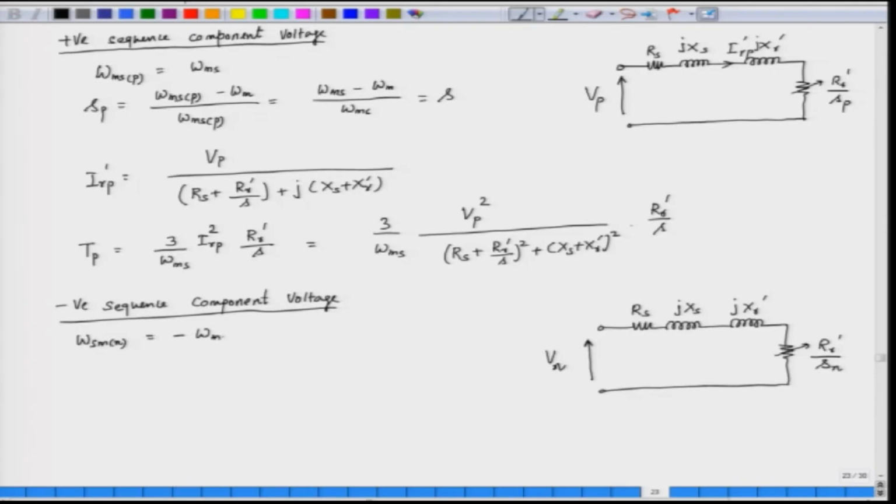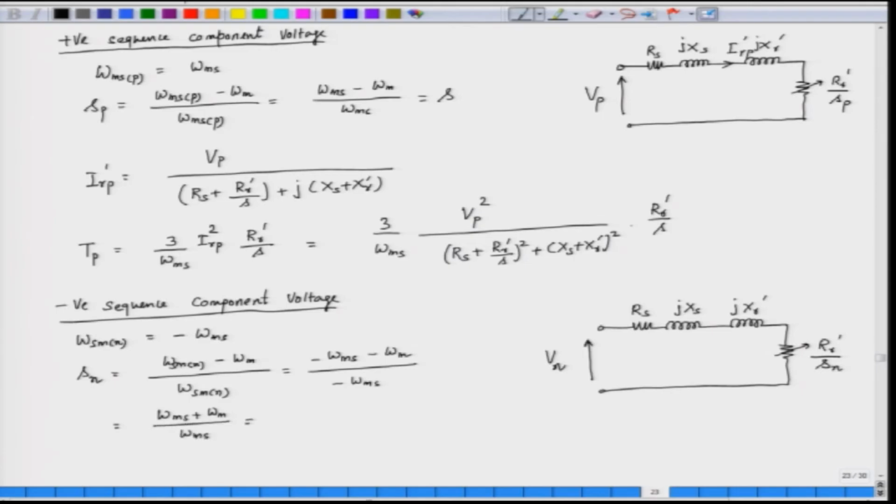So, the synchronous speed here is minus omega ms. If we find out the slip for the negative sequence component, that is the negative sequence synchronous speed, omega sm n minus omega m divided by omega sm n, that is equal to minus omega ms minus omega m by minus omega ms, that is equal to omega ms plus omega m by omega ms.